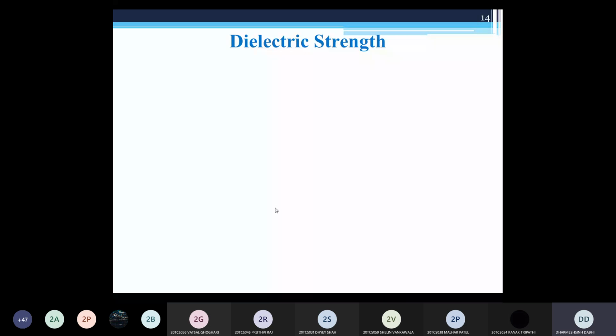Can anyone give me the answer? Yes? Anyone? Capacitors.